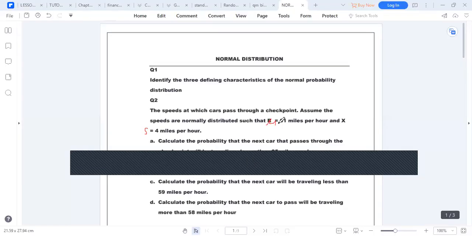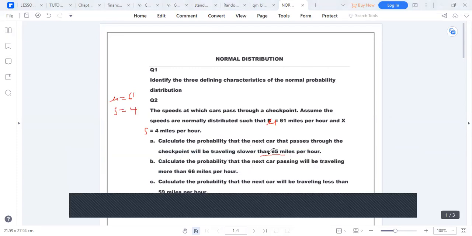Right. So in this question, we have 61. That is our mean. Our standard deviation is what? 4. Then what is the probability that it will be traveling slower than 65? The probability X slower is synonymous to what? Less. Okay.